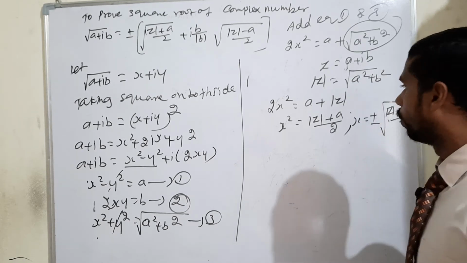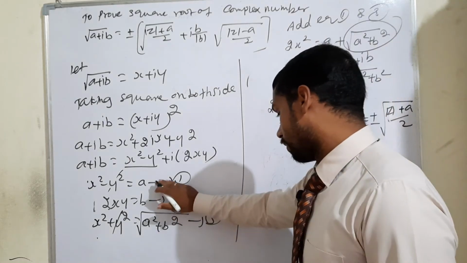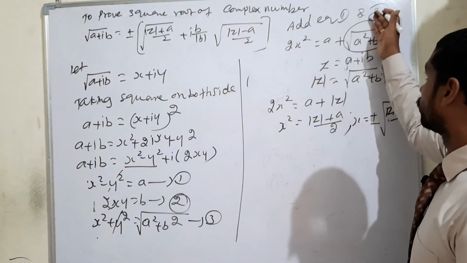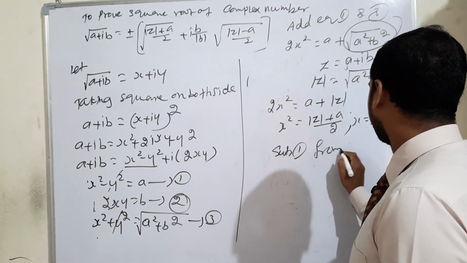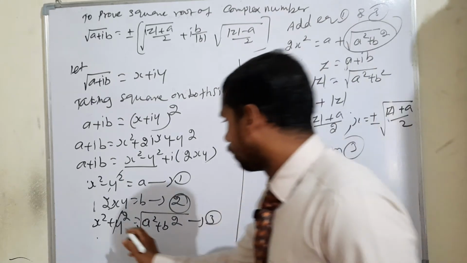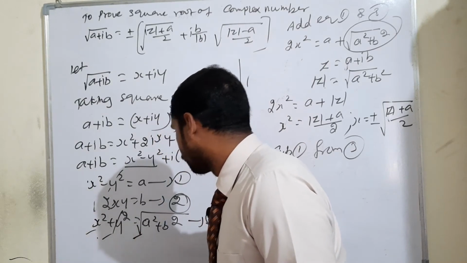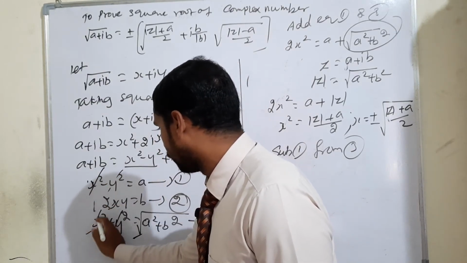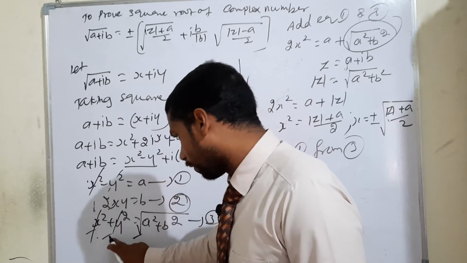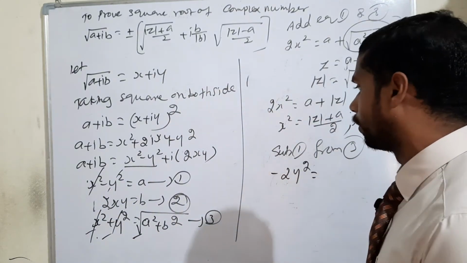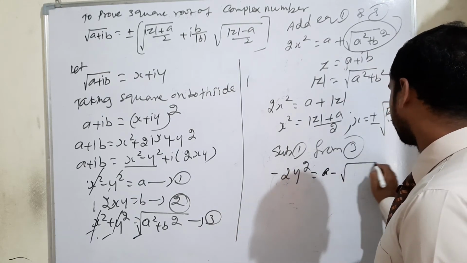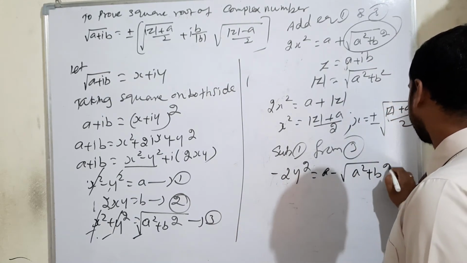First condition is over; I have considered adding equations 1 and 3. Now I am subtracting 1 from 3. Subtracting 1 from 3, both terms become negative. Positive x square and negative x square cancel. Negative y square, here also negative y square. Therefore we can write negative 2y square is equal to a minus the square root of a square plus b square.